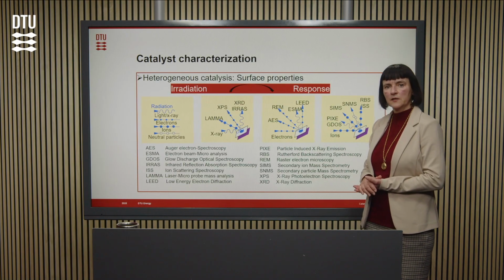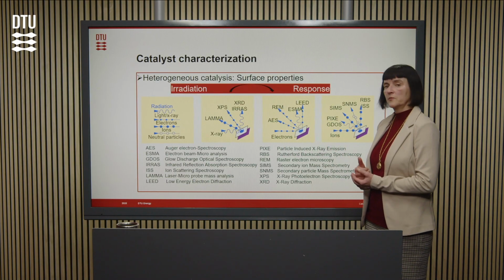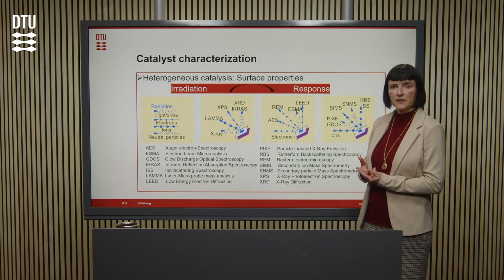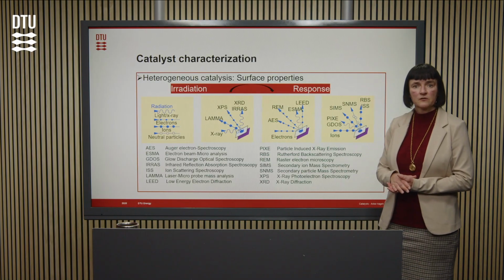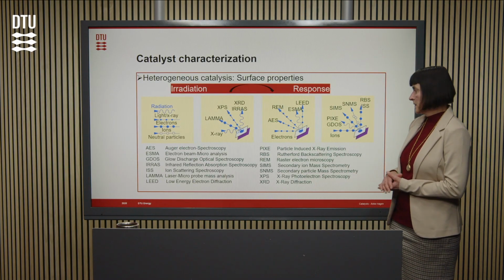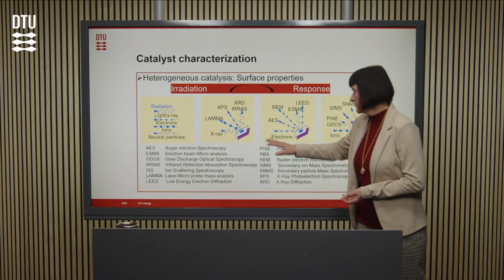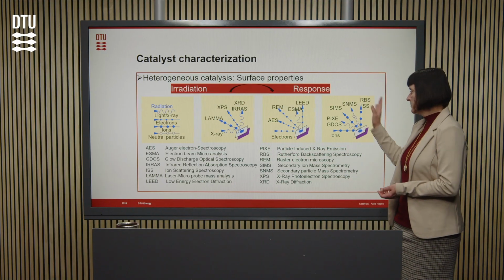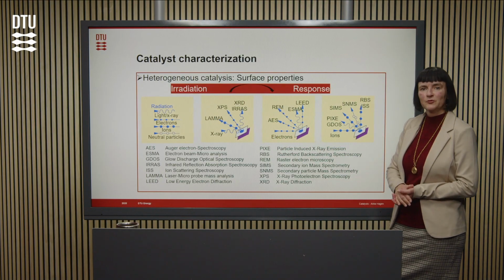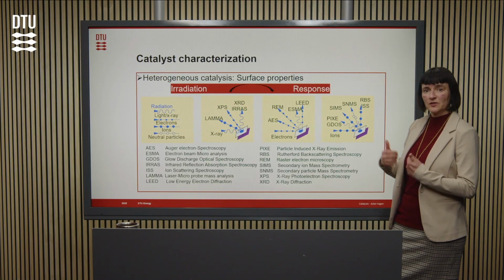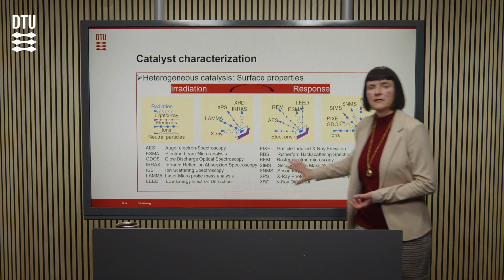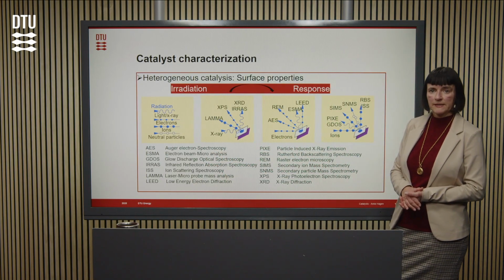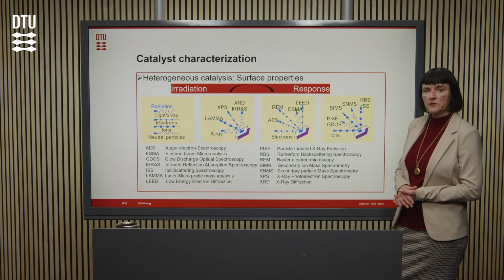You're getting a response either from the surface, from a chemical state or a bonding state, and so forth. So you get an impression of the nature of the physics of your active site. So you can irradiate with X-ray, electrons, ions, and then you get a whole range of potential responses that you have to measure with a certain detector, and that gives you a wealth of methodology that is being utilized for characterizing catalysts. I don't go into detail.